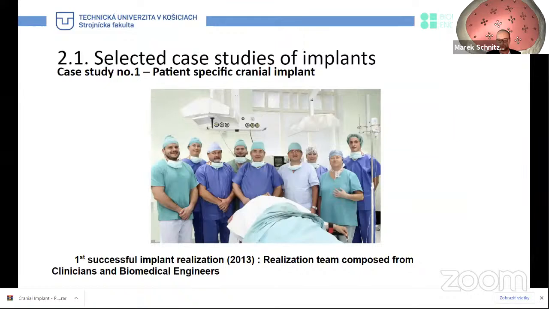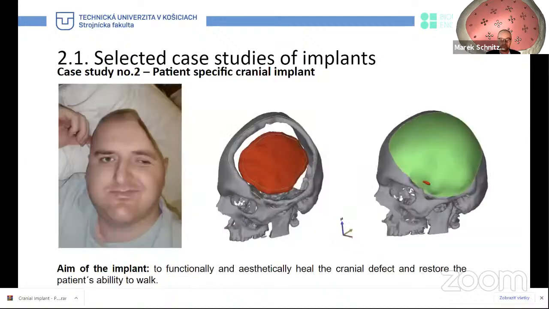So this was the first implant in 2013, where the team composed of clinicians and biomedical engineers was at the theater, which is now common. So all our guys who are connected with the CAD modeling are at the theater when the intervention is proceeding.